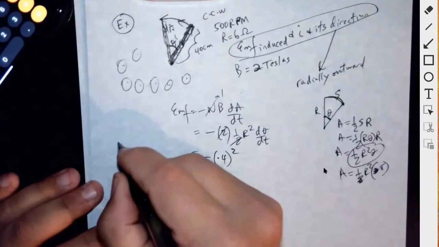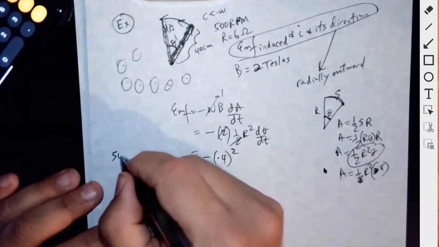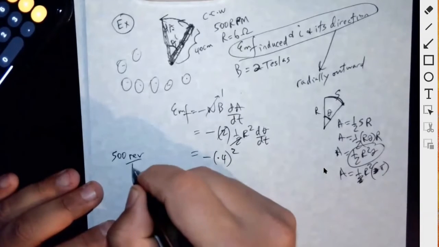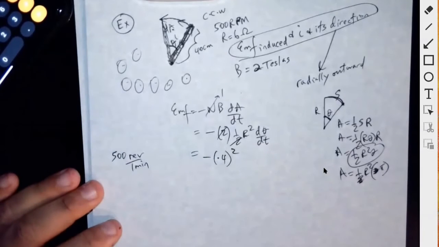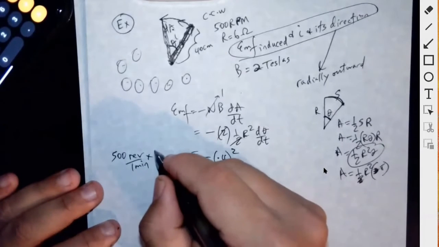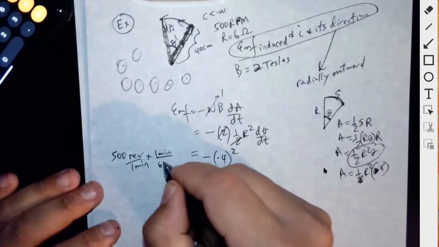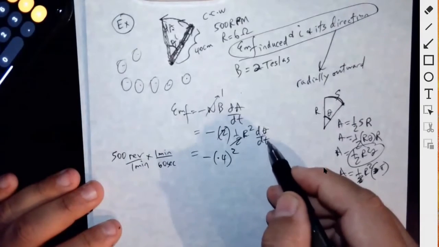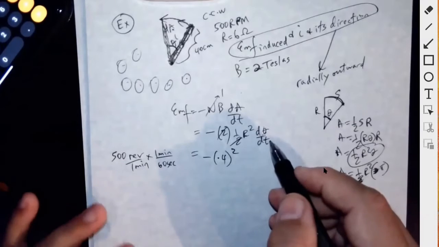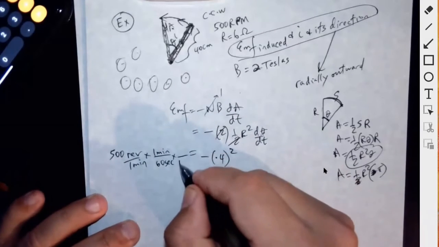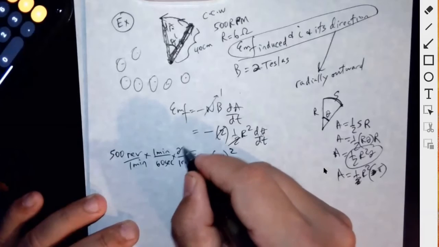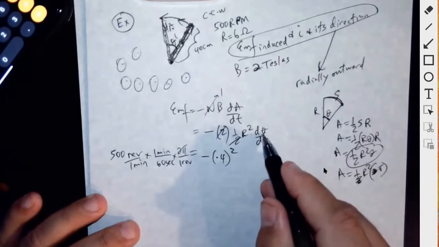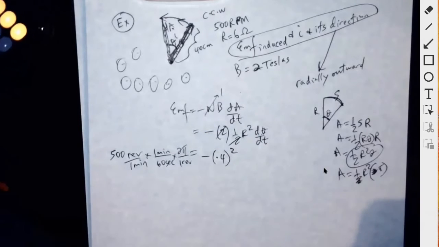Remember yesterday I showed you how to change that. Revolutions per minute, 500 RPM. One minute is 60 seconds. I want d theta/dt in radians per second, so I can say 1 revolution is 2 pi radians. That will make it radians per second.